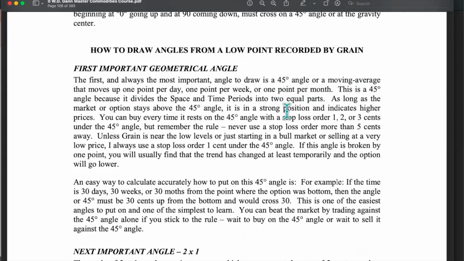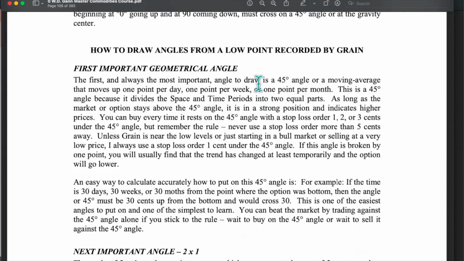It's not about a 45-degree, but it's about 1 unit of price movement in 1 unit of time. The unit of time can be a day, a week, or a month, either of them. This is a 45-degree angle because it divides the space and time periods into two equal parts.